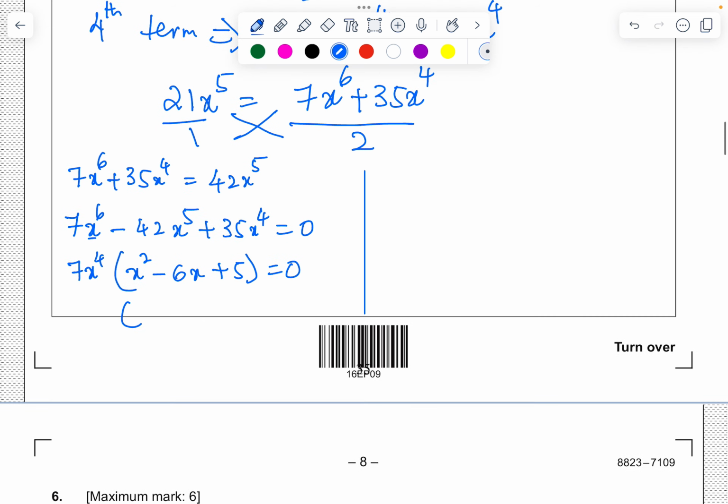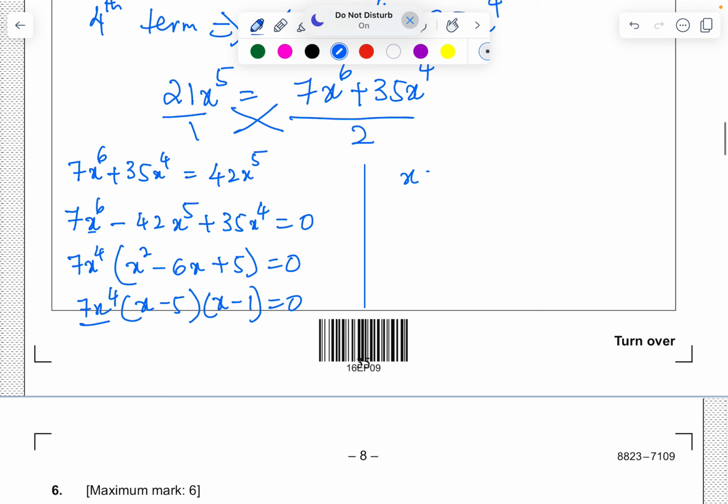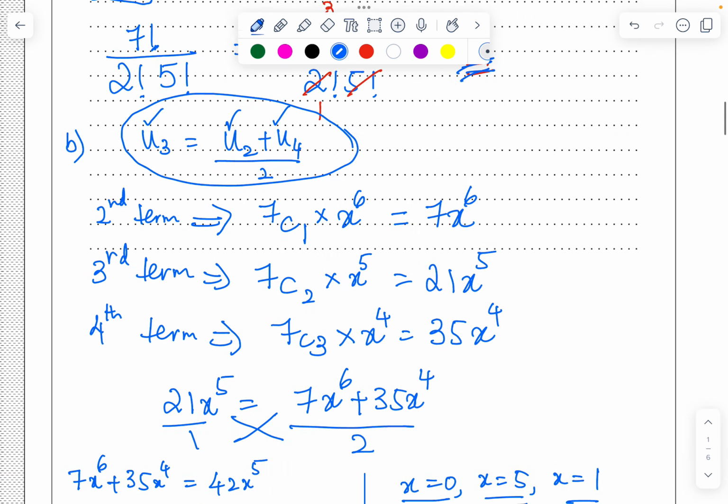Now I'm going to factorize this into two brackets. This gives me (x minus 5) times (x minus 1) is equal to 0. And don't forget this 7x to the power of 4 also. So I will get x equal to 0 and x equal to 5 and x equal to 1. So these are the three values of x.